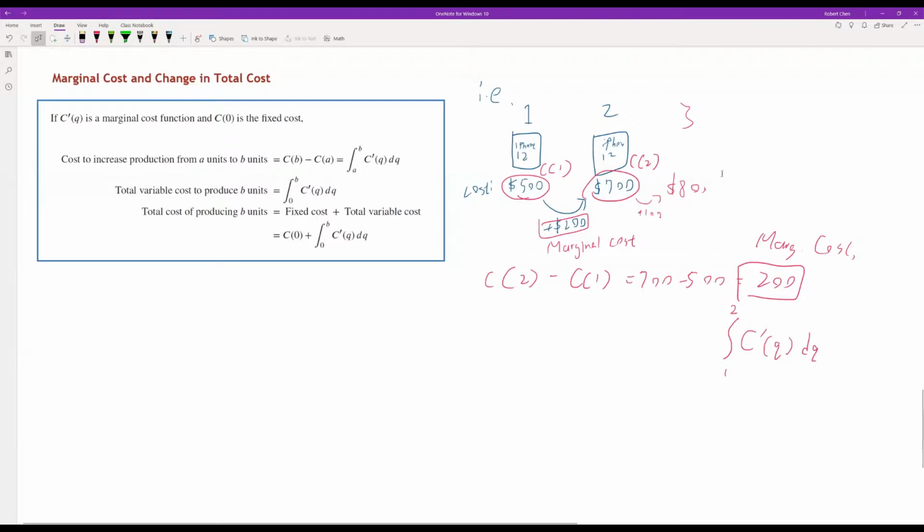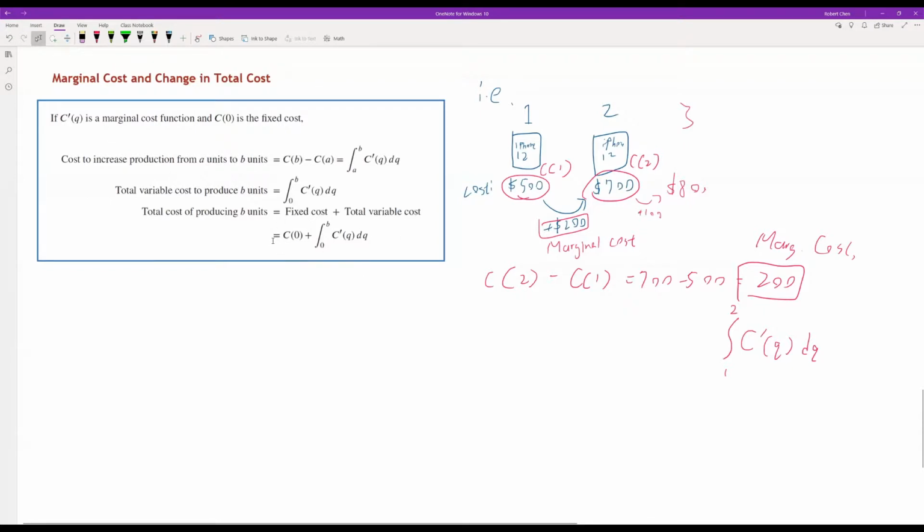Okay. All right, total variable cost for B is the integral from 0 to B, right? You want to cover all the costs from all the marginal costs from 0 units to B units. And total cost for producing B units is the fixed cost plus the total variable cost, right?